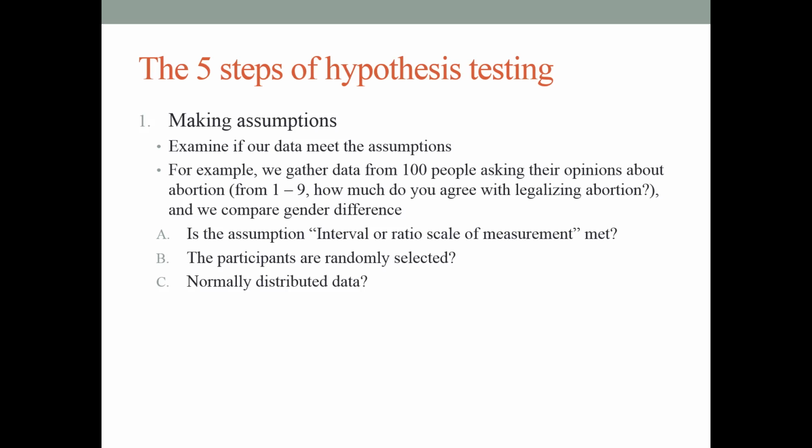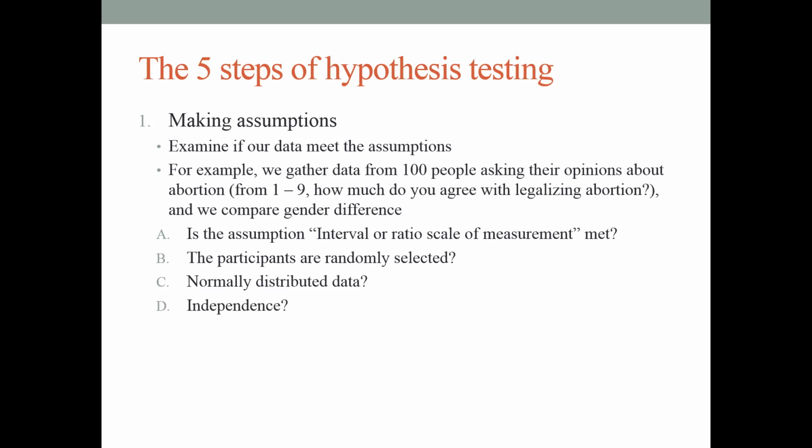It says if you have more than 30 people, 30 data points, probably you are confident it is normally distributed. Some people are more conservative. They say it has to be like 50 people. Well, anyhow, we have 100, so I guess it's normally distributed data.